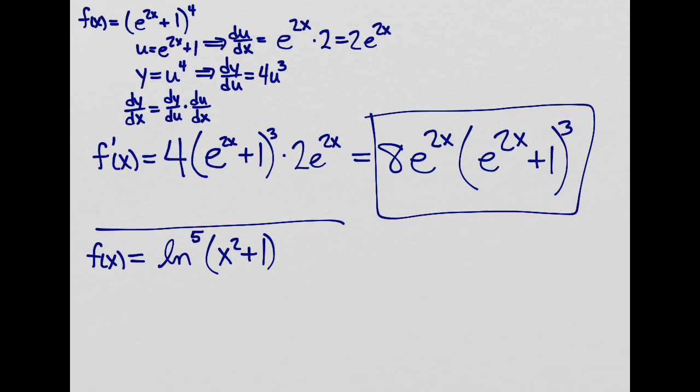We usually want to think of that maybe by rewriting it with parentheses. Take the logarithm of x squared plus 1, take that quantity, and raise it to the 5th power.